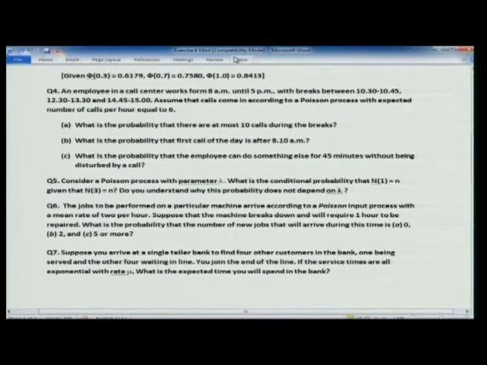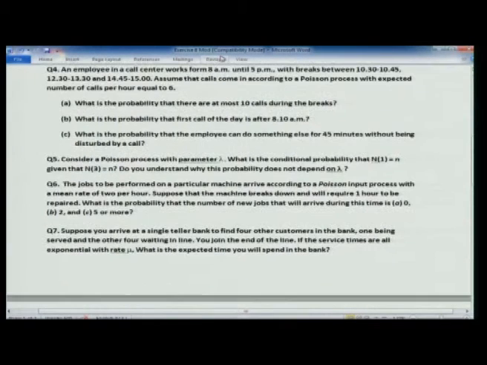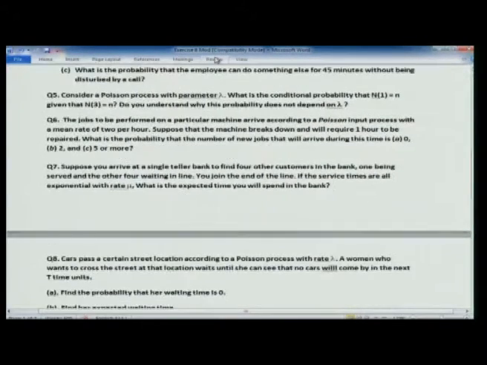What is the mean? The mean would be 6 by mu. I think the mean should be n by mu if it is gamma n comma mu. Anyway, just verify that. So, you will find the expected waiting time of the 6th person when he joins the queue in the bank.